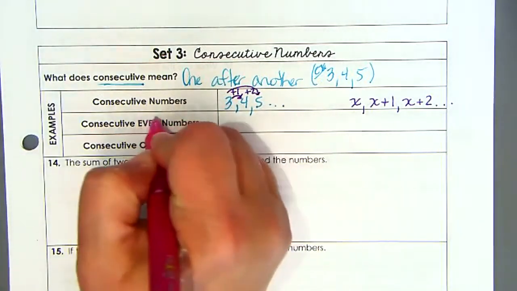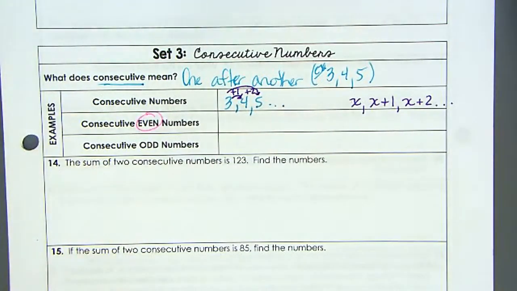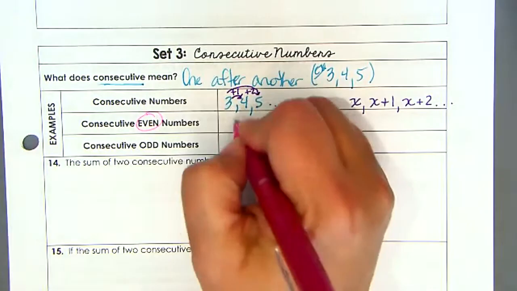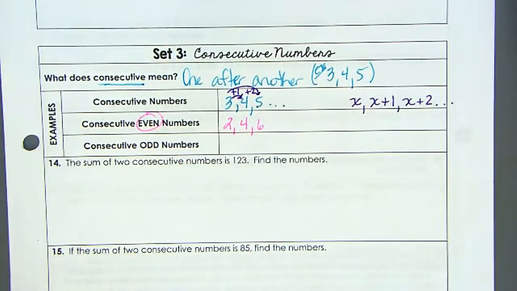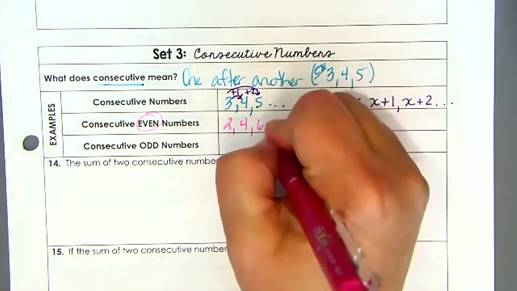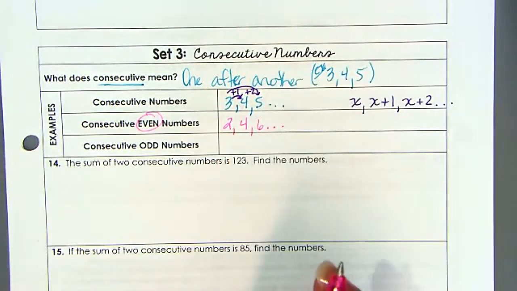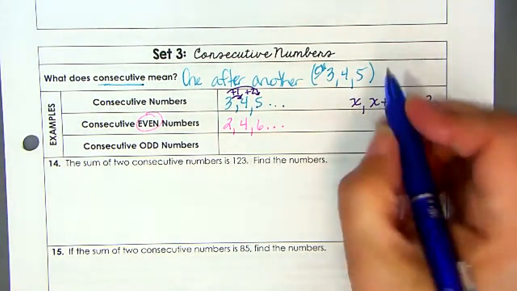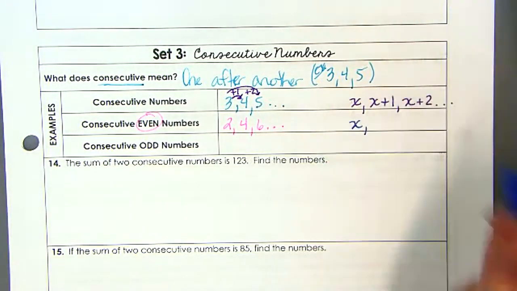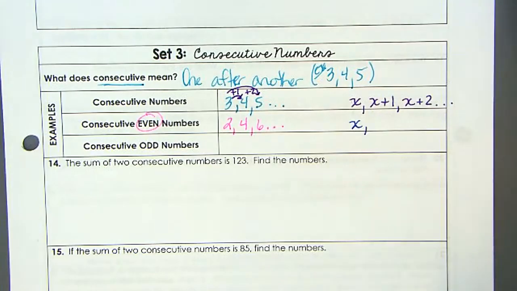If it's consecutive even numbers, that's going to be numbers like 2, 4, 6, dot, dot, dot. So now we have to think about, okay, my first consecutive number is always going to be X. Now I've got to talk about how is it related to the next.